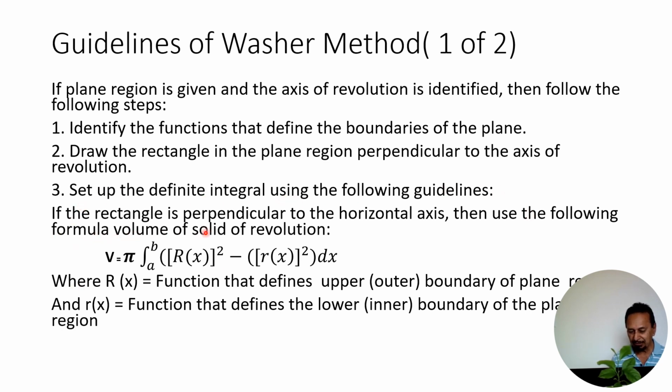If the rectangle is perpendicular to the horizontal axis, then use the following formula for the volume of a solid of revolution: V equals pi times the integral from a to b of uppercase R of x squared minus lowercase r of x squared dx, where R of x is the function that defines the outer boundary, and lowercase r of x is the function that defines the inner boundary of the plane region.